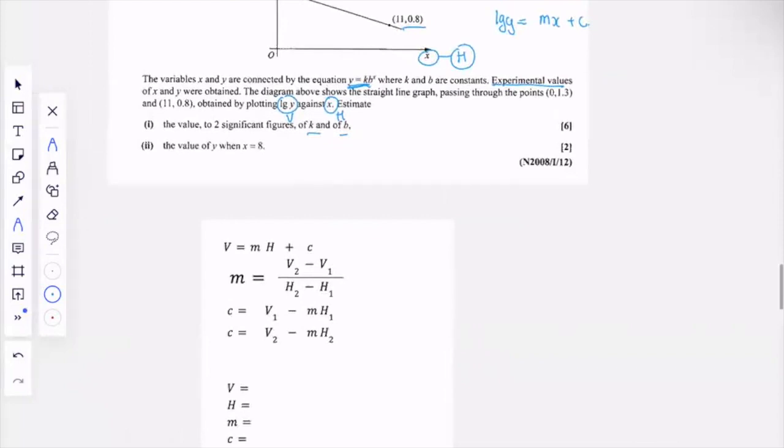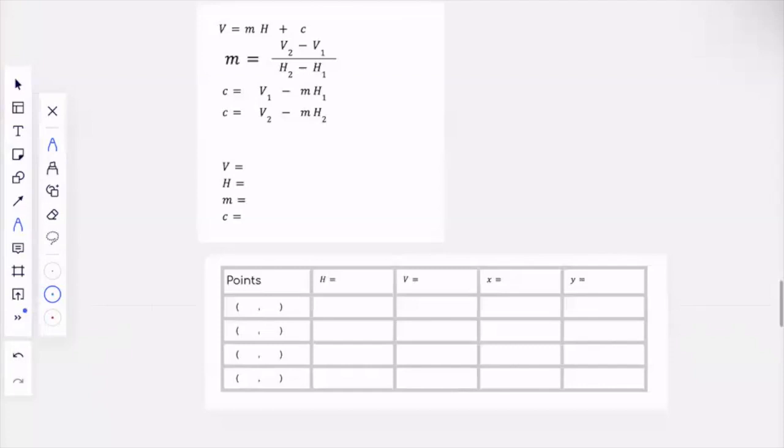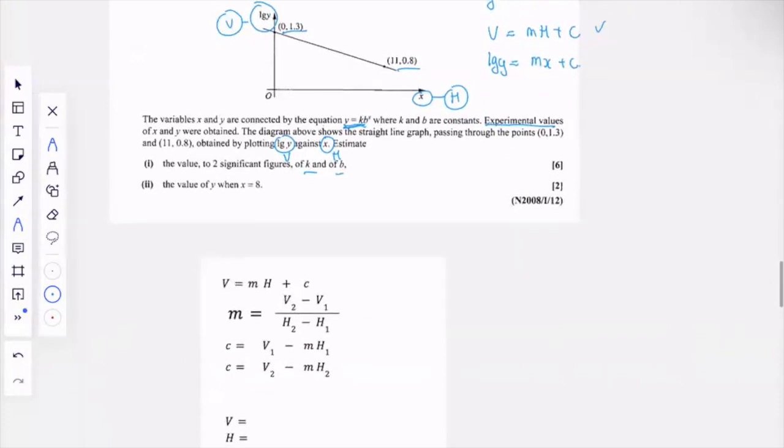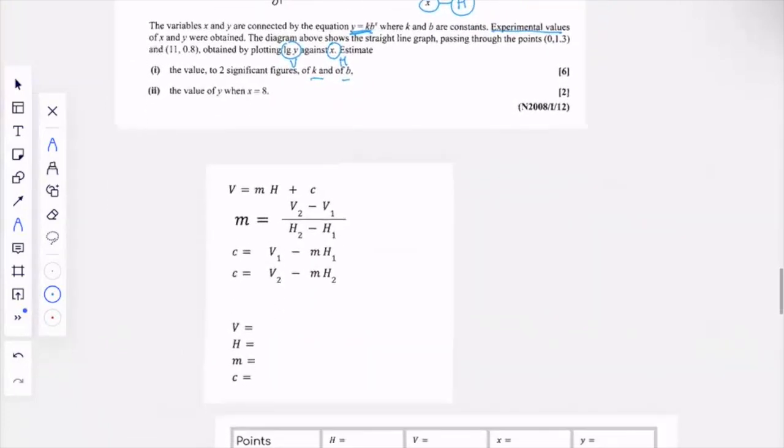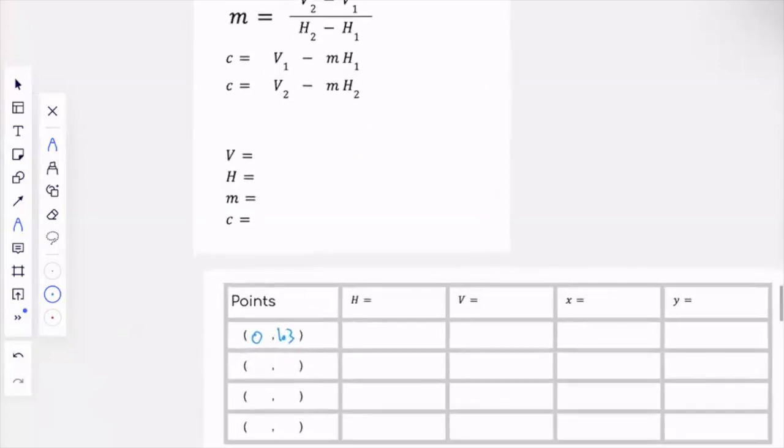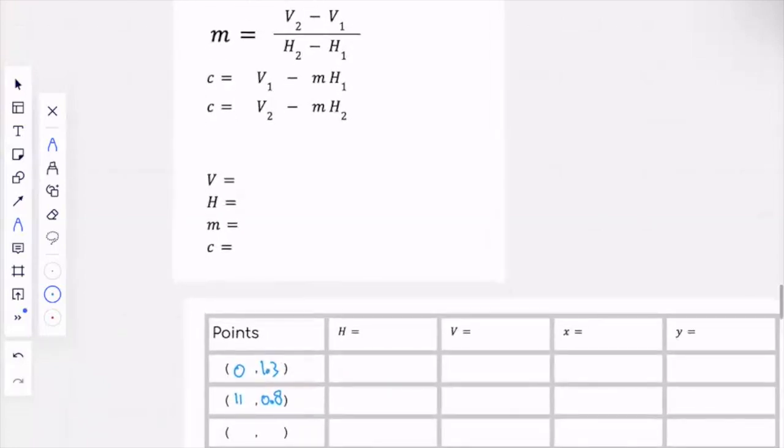The two points are (0, 1.3) and (11, 0.8). See, I have this table. Here h is x and phi is log y.